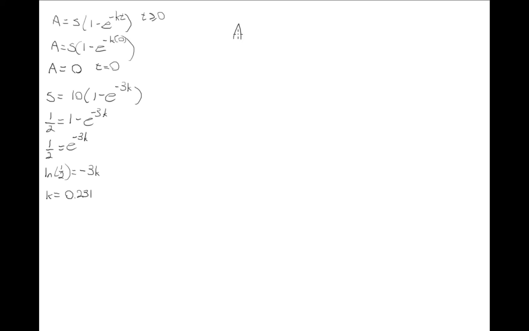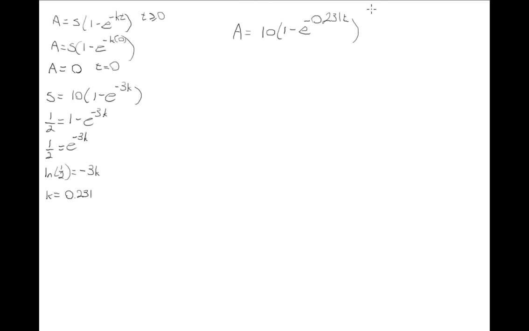We've got A is equal to, and we're going to use the same value as before, so we've got 10 times 1 minus e to the power of minus 0.231, and we'll leave this as t for the moment.